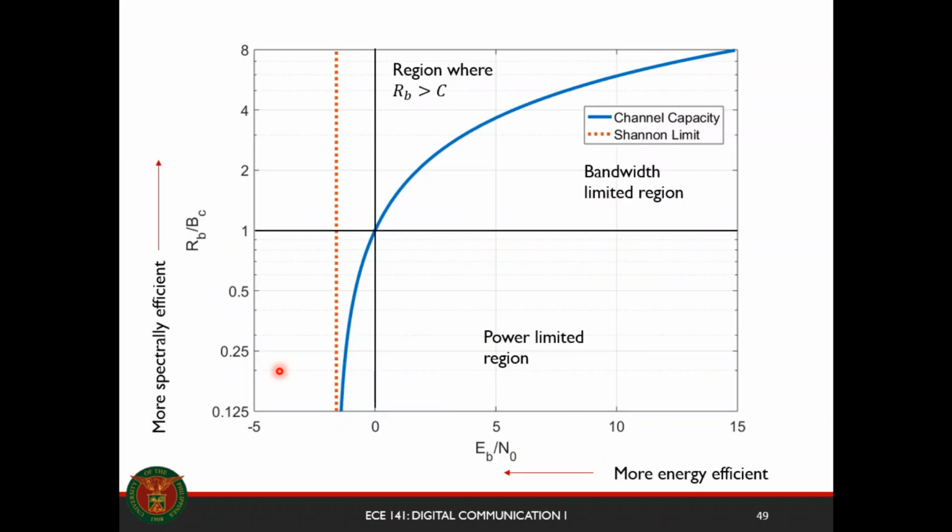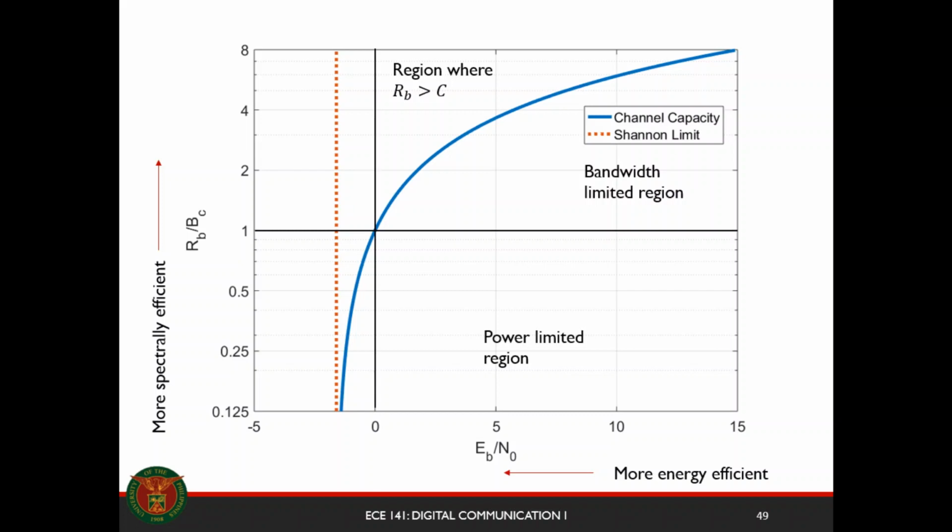So to visualize that, this is the graph of your channel capacity. This is your theoretical channel capacity, the blue one, and the dashed red one is the Shannon limit. As you increase your bandwidth, you will approach the Shannon limit, as you can see right here.